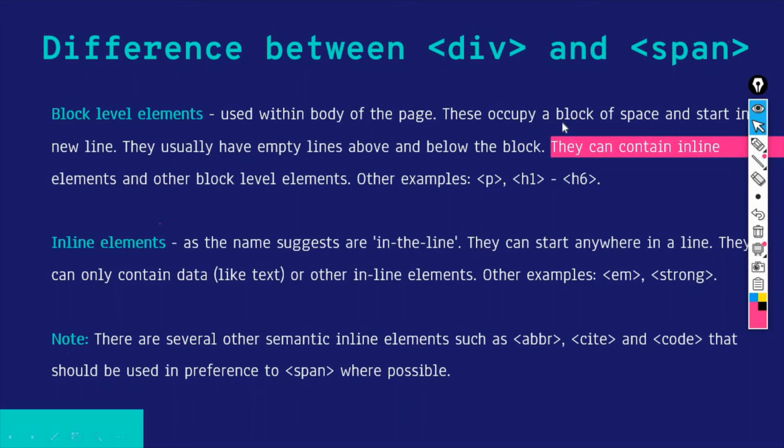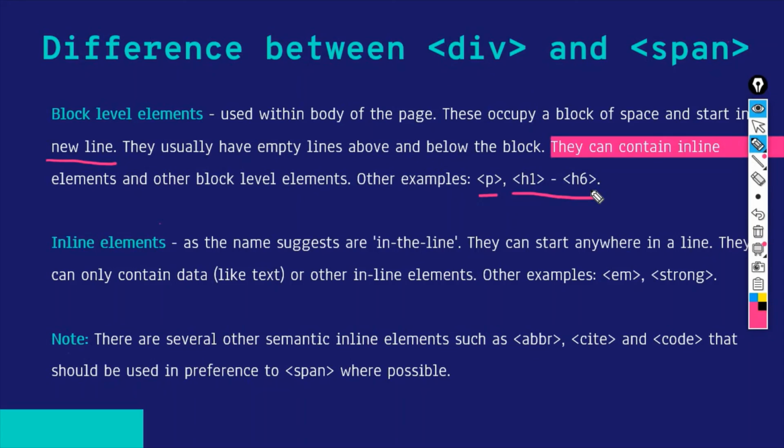These occupy a block of space and start a new line. They usually have empty spaces above and below the blocks. They can contain inline elements and other block level elements. Other examples are the paragraph tag and the heading tags from H1 to H6.